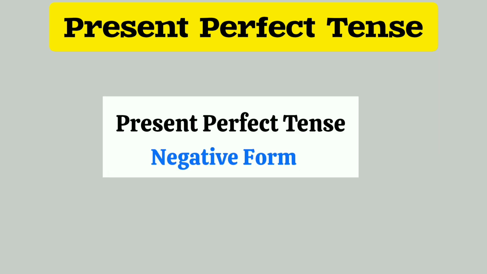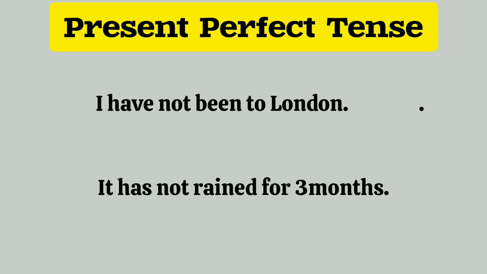Now let us look at the negative form of the present perfect tense. Here are some examples. I have not been to London. You will notice in this sentence we have simply put not between have and been. You can also use a contraction and say I haven't been to London.